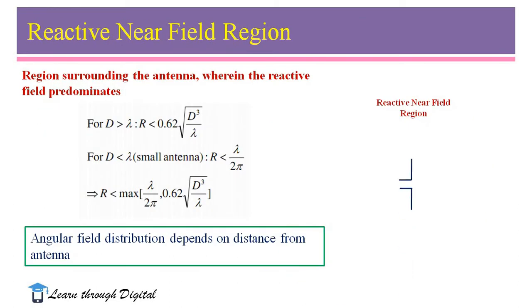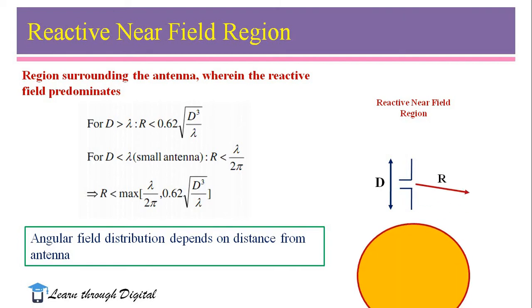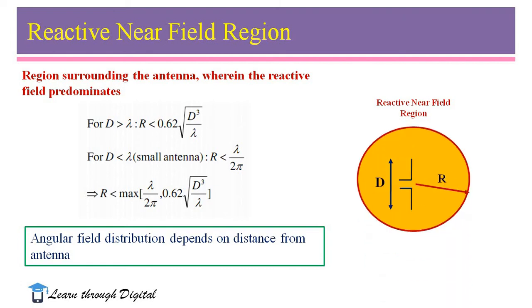We consider an antenna with the largest dimension D, which is placed at the center of the spherical coordinate system. Once the radiation is accomplished using an antenna, the first region in the space surrounding the antenna is the immediate region which is very close to the antenna. It is otherwise called the antenna region.